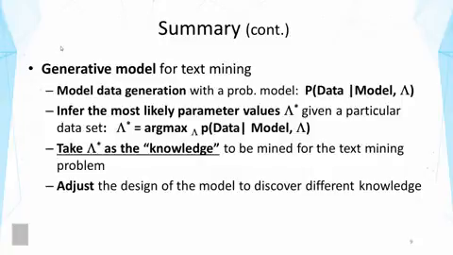And we can then take the lambda star as the knowledge discovered from the text for our problem. And we can adjust the design of the model and the parameters to discover various kinds of knowledge from text, as you will see later in the other lectures.